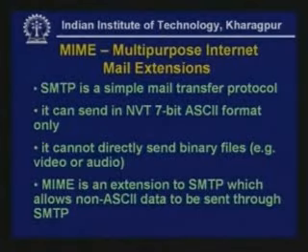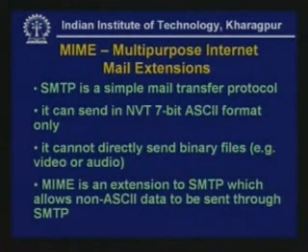So SMTP is the simple mail transfer protocol. It can send in NVT 7-bit ASCII format only. It cannot directly send binary files, for example video or audio or images. So MIME, the multipurpose internet mail extension, is an extension to SMTP which allows non-ASCII data to be sent through SMTP.